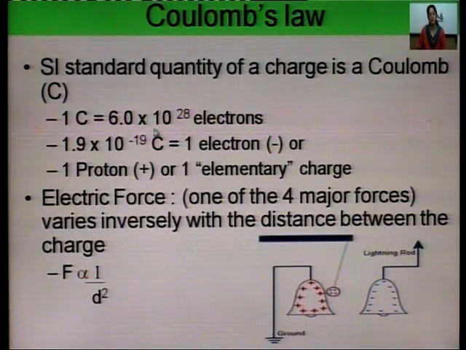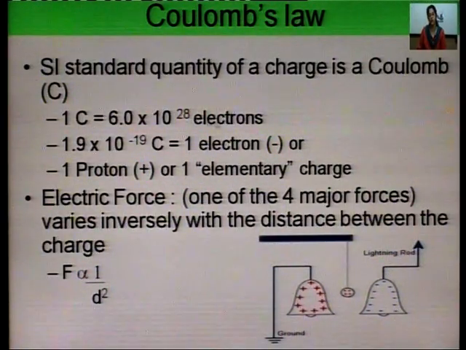The charge on a proton is positive and the charge on an electron is negative, and 1 Coulomb is equal to the charge on 6 into 10 raised to the power 28 electrons, and the force between charges is inversely proportional to the distance squared.